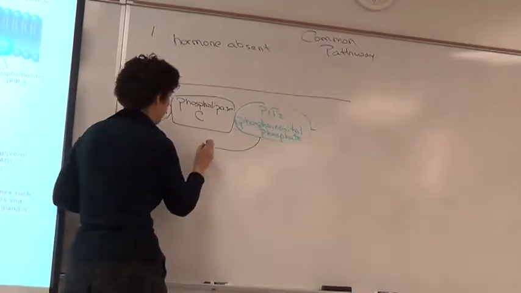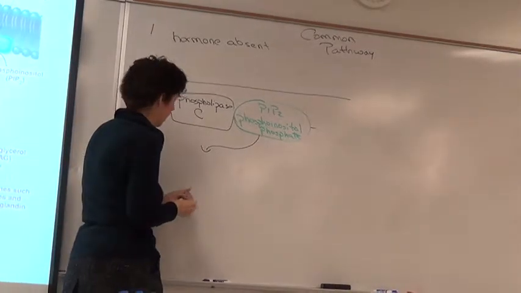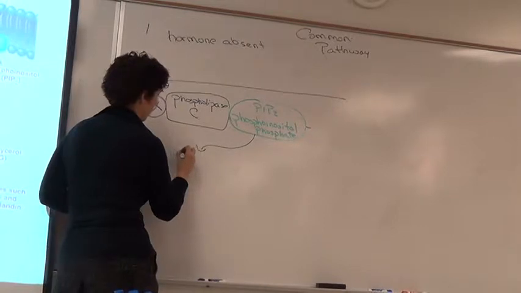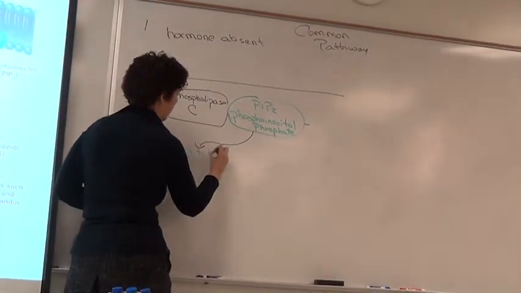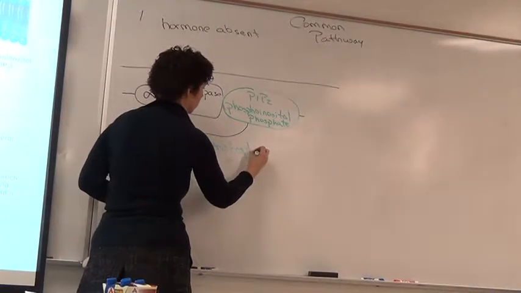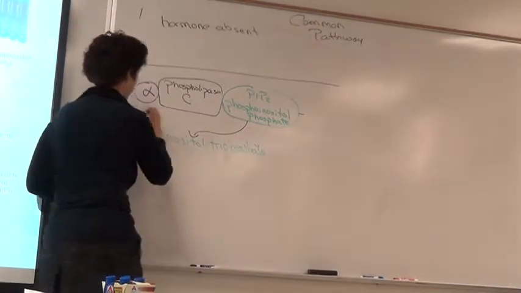One of them goes into the cytoplasm and is identified as inositol triphosphate, or IP3.